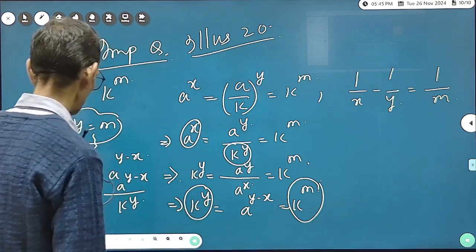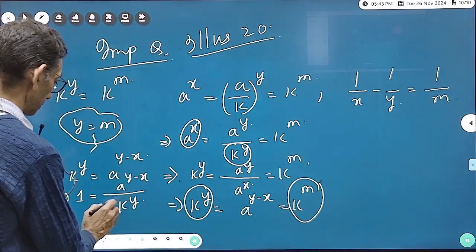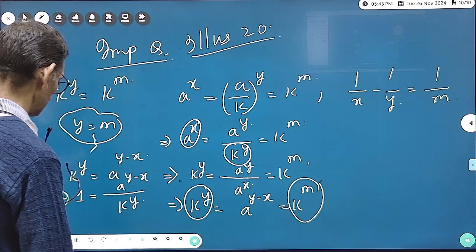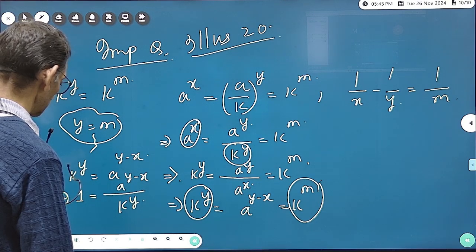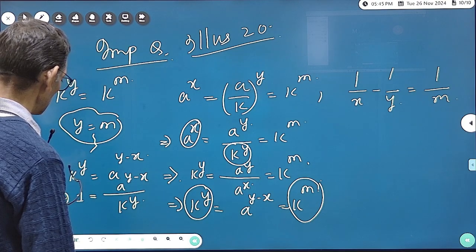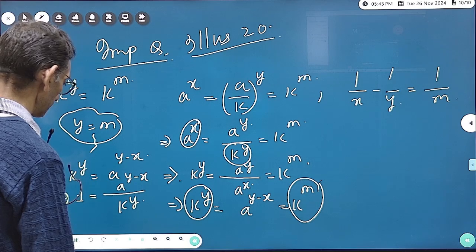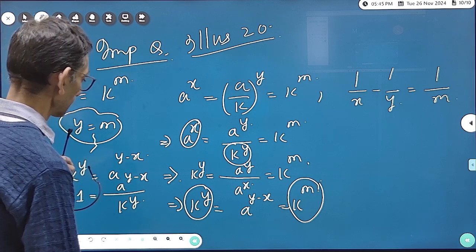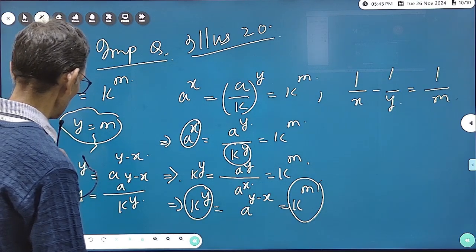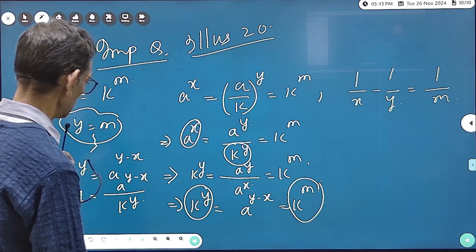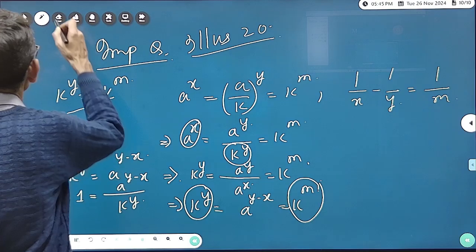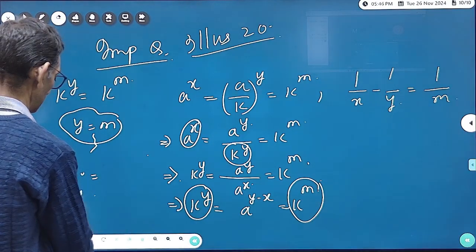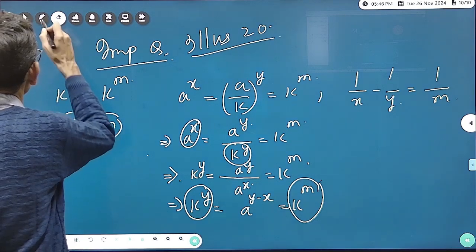Okay now, so a to the power y minus x and k to the power y. So y is equal to m. But k is different, right? So if we divide, it gives no benefit, because k and a are both different, their bases are different. Let me use a new idea.